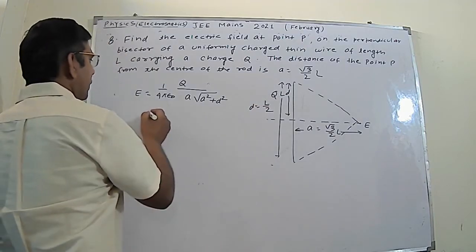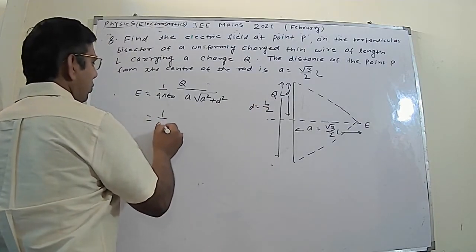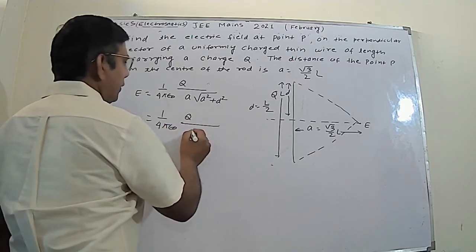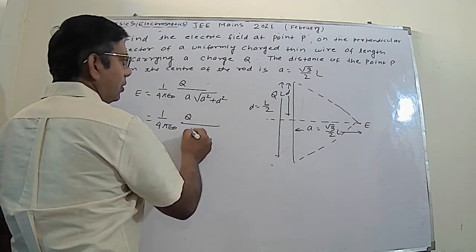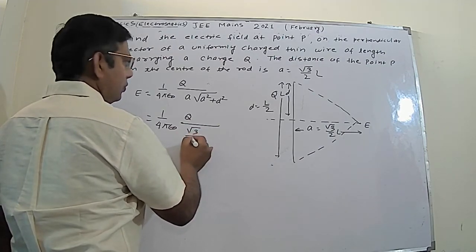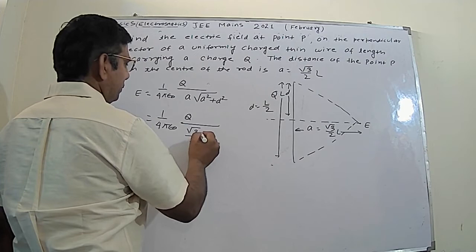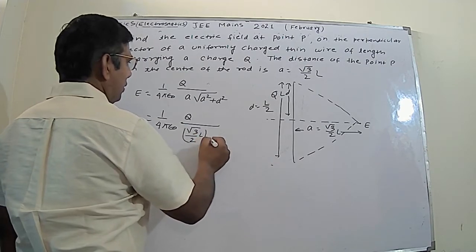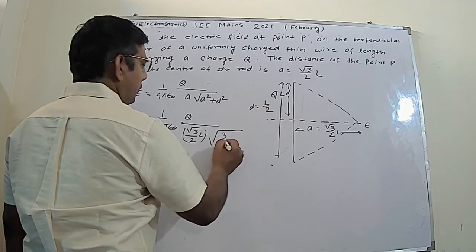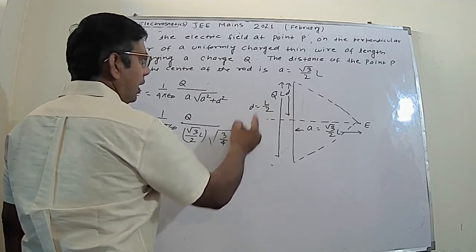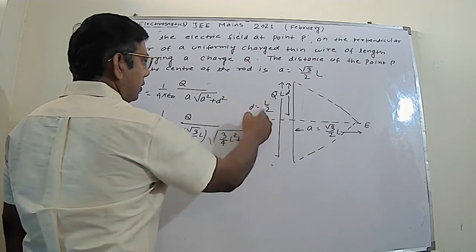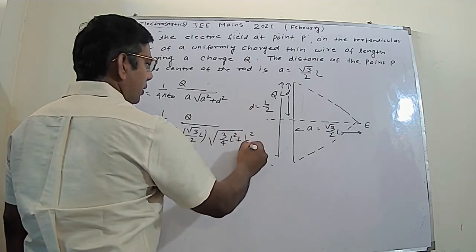Okay, so further we can write 1 upon 4 pi epsilon naught, Q divided by root over 3 by 2 L, and here it will be 3 by 4 L square, and d square will be L square by 4.